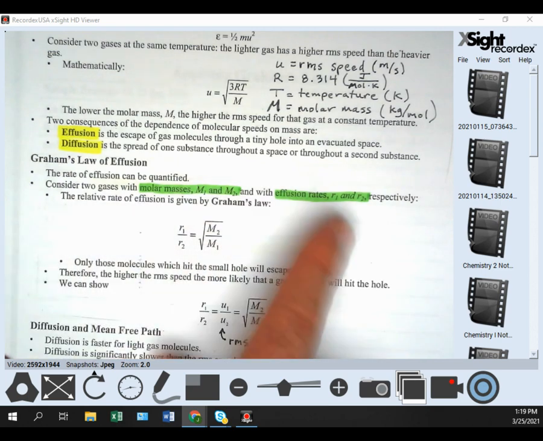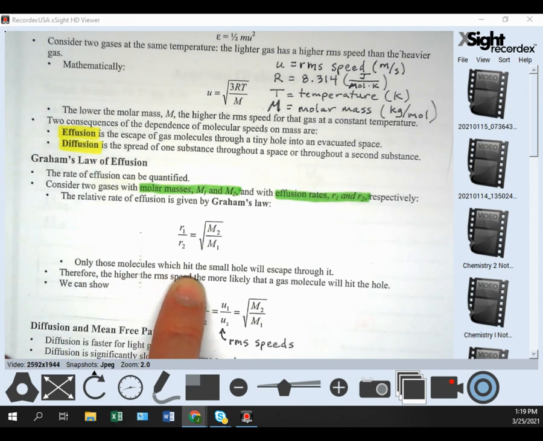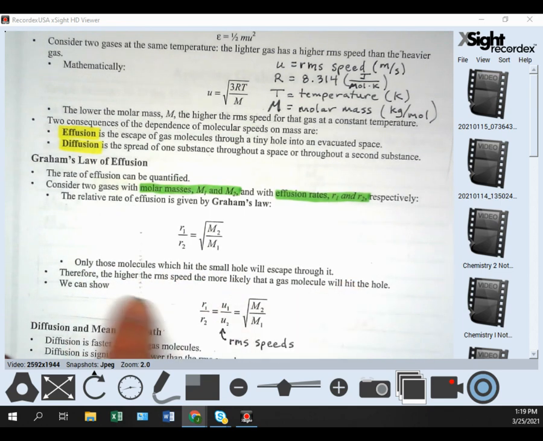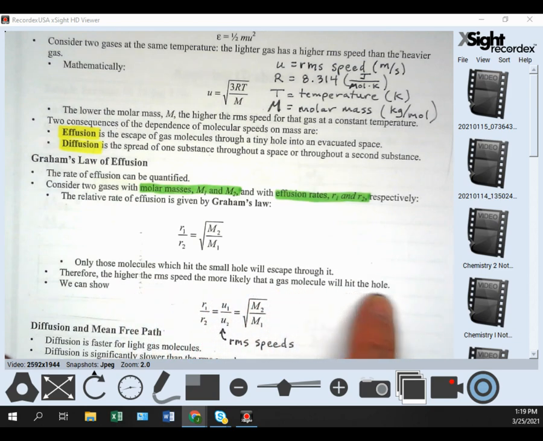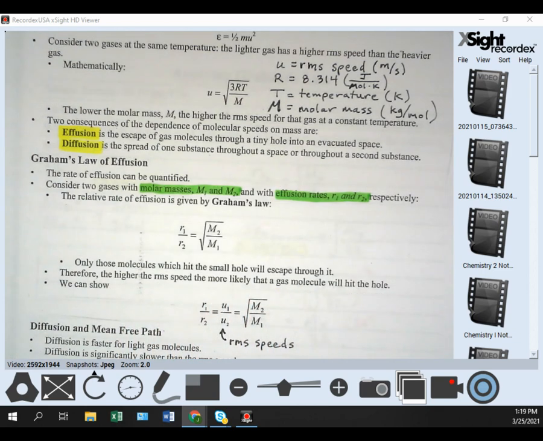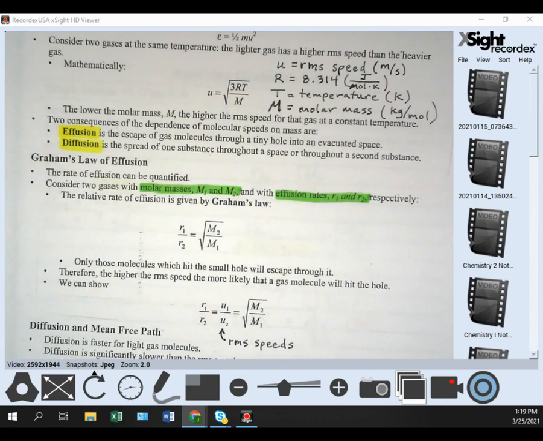It's talking about the relative rate of effusion. Only those molecules which hit the small hole will escape through it. Therefore, the higher the RMS speed, the more likely that a gas molecule will hit the hole. Let's think about this two ways. One, if the molecules are traveling faster, that means they're hitting the walls more often, right?